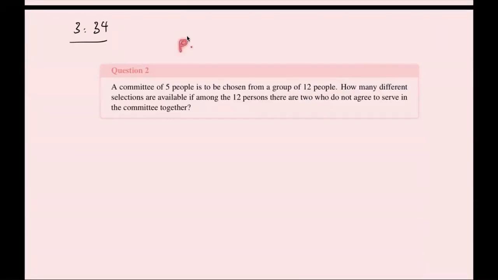For example, if person 1 is in the committee, then person 2 will refuse to be in the committee with person 1. And if person 2 is in the committee, then person 1 will refuse to be in the committee with person 2. So how many ways are there that we can form the committee?